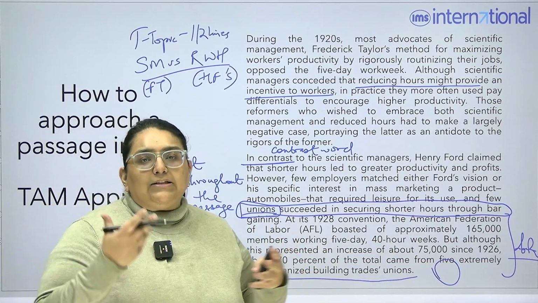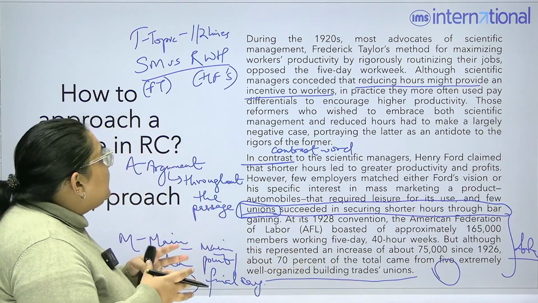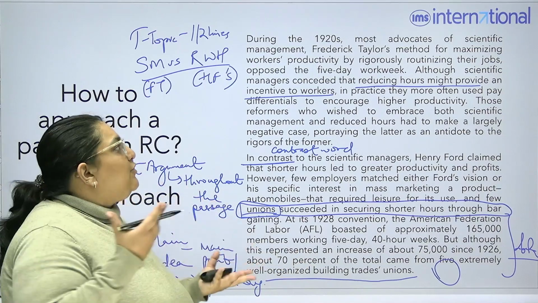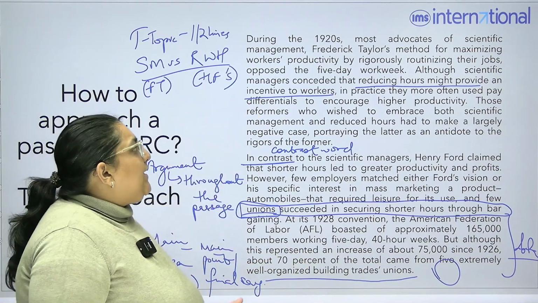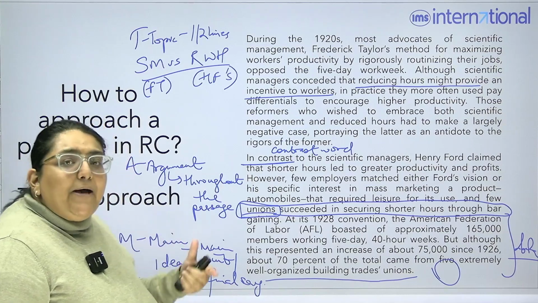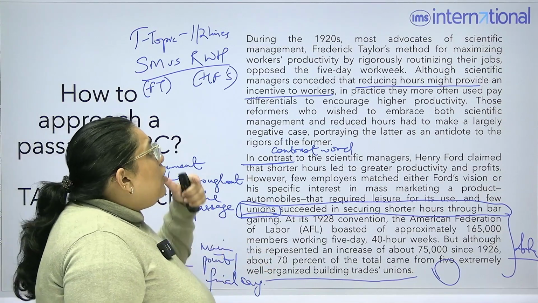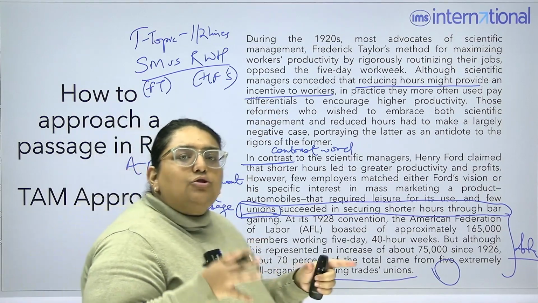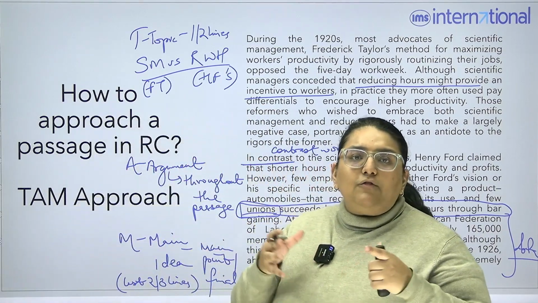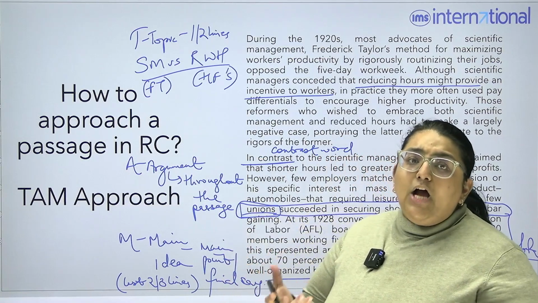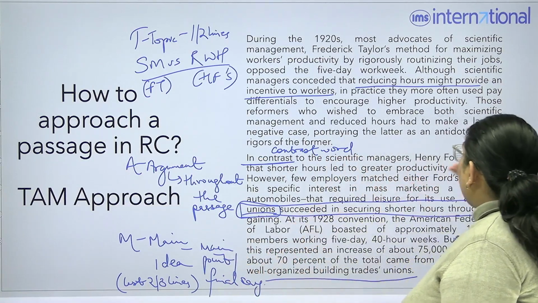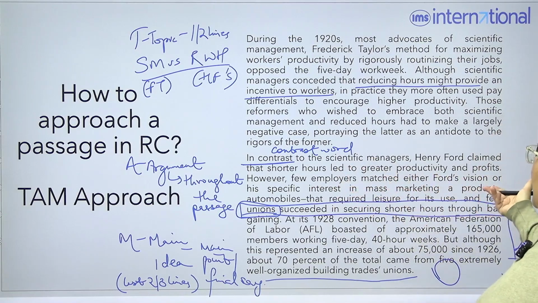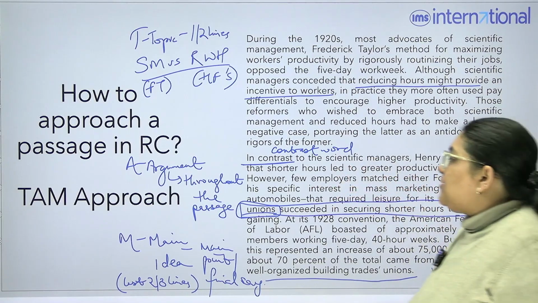All in all, the passage is telling us that there was a kind of debate or comparison going on during the 1920s about whether the longer hours of the scientific management approach were better for the workers and productivity, or whether Henry Ford's approach of shorter hours, which would lead to more productivity and profits, was better.